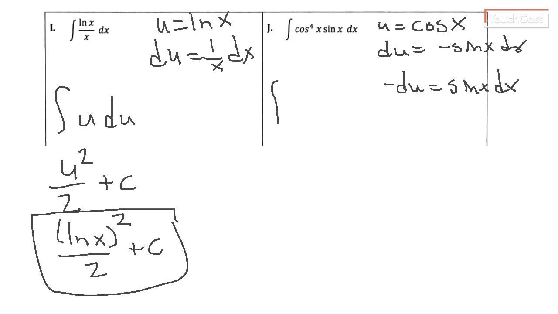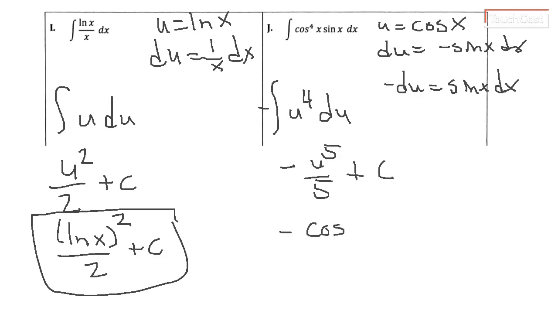So we can rewrite it as negative u to the 4th du, which means we're going to have negative u to the 5th over 5 plus c. And then we're just going to replace u. So we're going to have negative cosine to the 5th x over 5 plus c. And we're done.